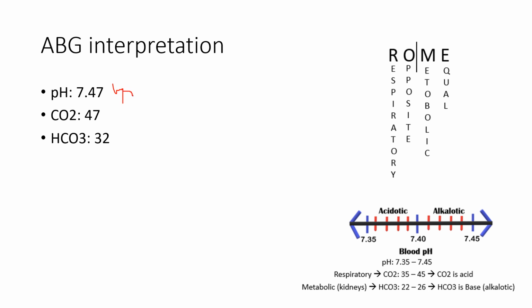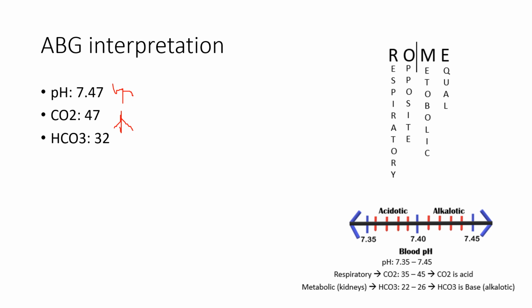Then I'm going to look at my CO2, 35 to 45. So 47 is high, right? So I'm going to do an arrow facing up. Then I'm going to look at my HCO3, my bicarbonate, my base.